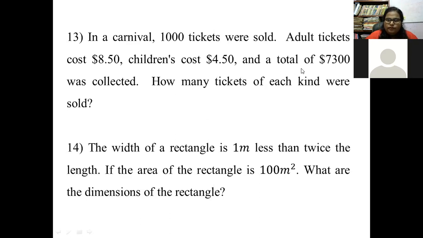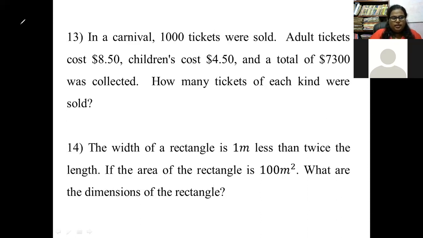And the total income which they gain from selling tickets is $7,300 here. Then it is asking how many tickets of each kind were sold here, right? So here I'm constructing two simultaneous equations here, right?